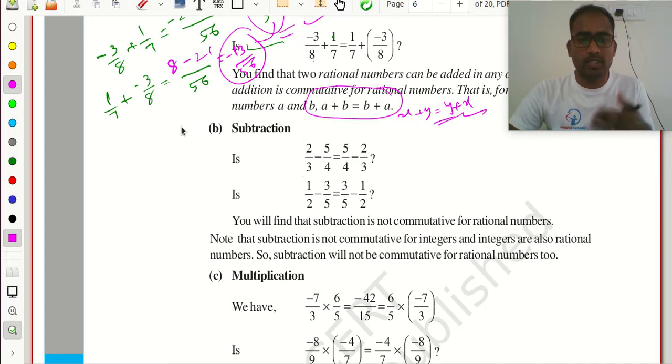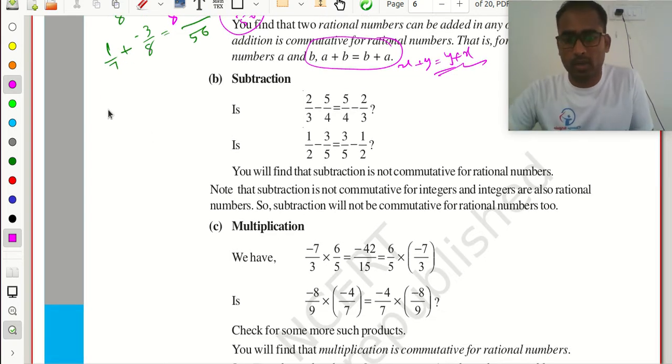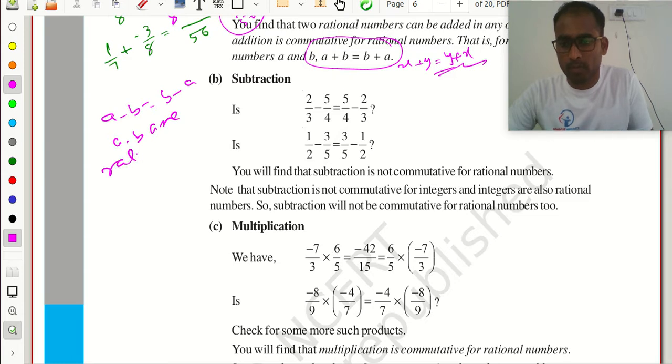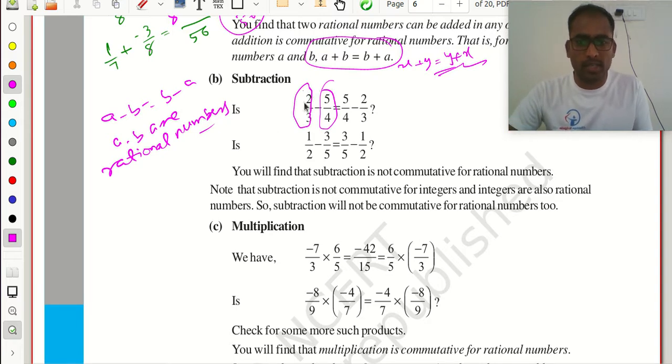Now I am checking for the subtraction. In subtraction, what has to be there? A minus b is equal to b minus a, where a, b are rational numbers. Clear? So now here 2 by 3 is one rational number, 5 by 4 is another rational number. Now I am making the subtraction of 2 by 3 minus 5 by 4.